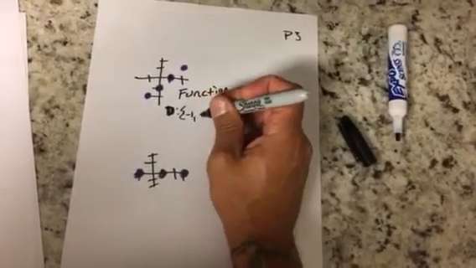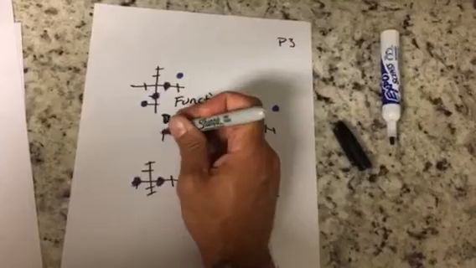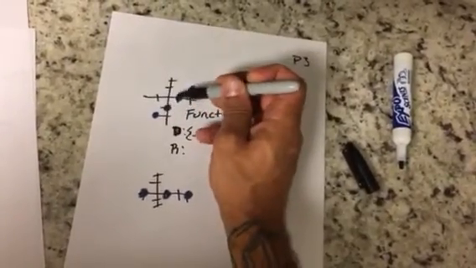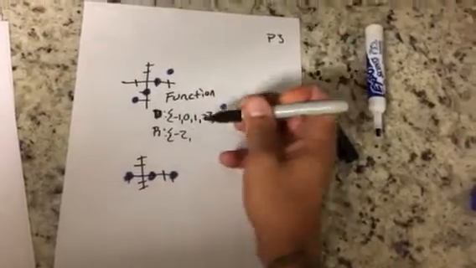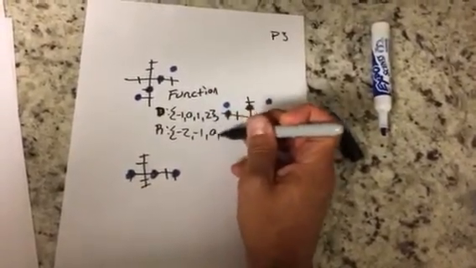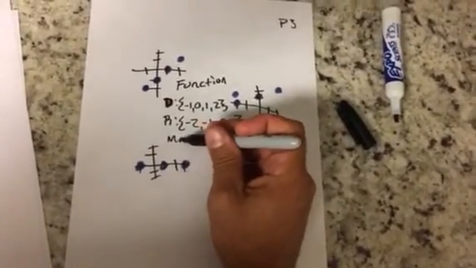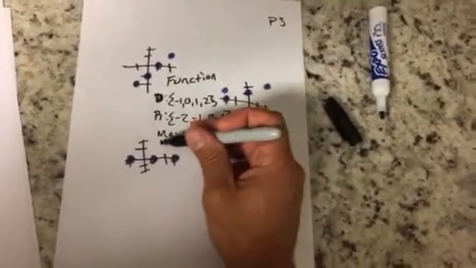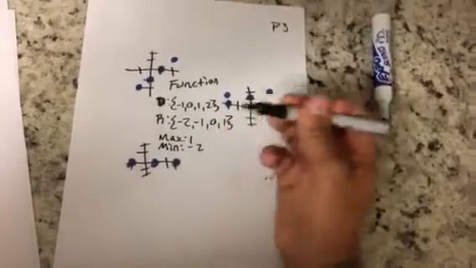So negative 1, 0, 1, 2. My range is going to be negative 2, negative 1, 0, and 1. My max is the highest range, which is 1. My minimum is the lowest range, which is negative 2.